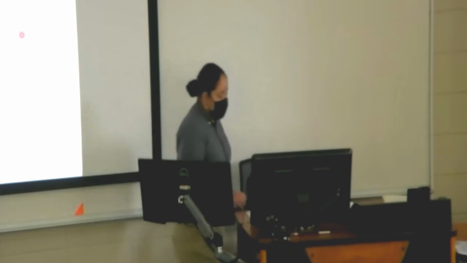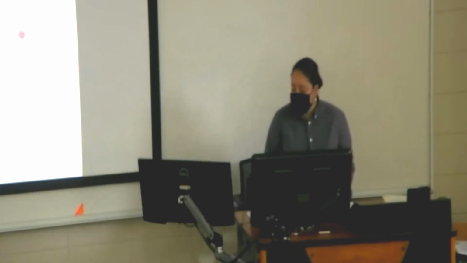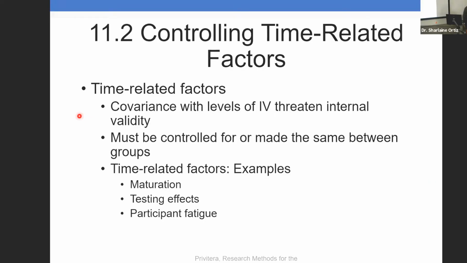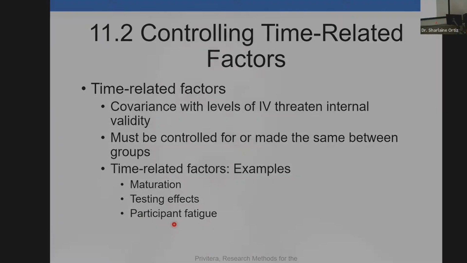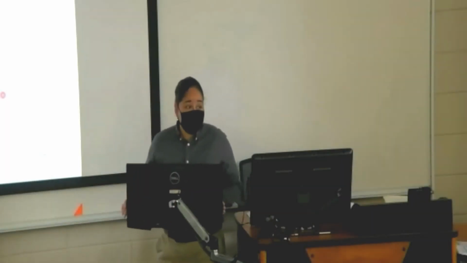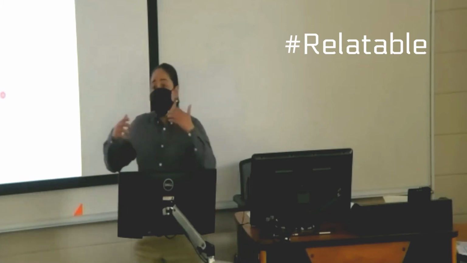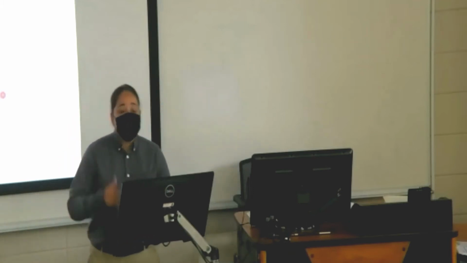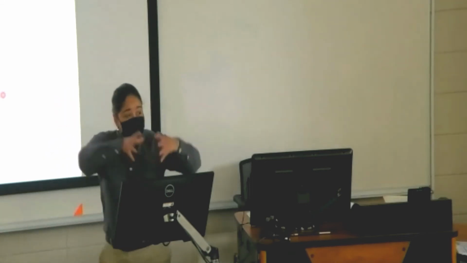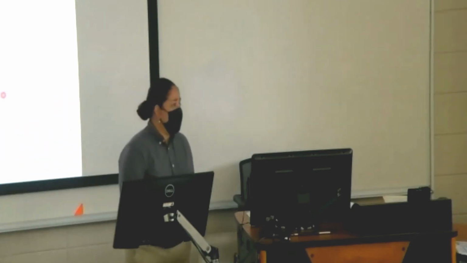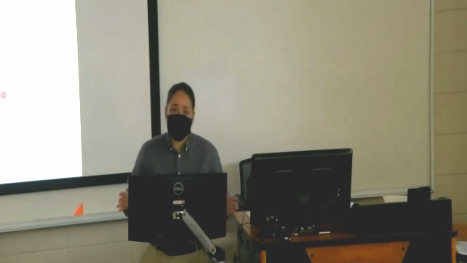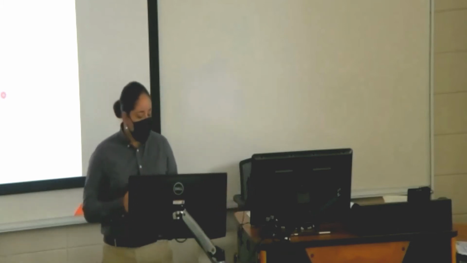And lastly, what are the things that could be related to those time-related factors that can impact my control? Notice that we have participant fatigue, which in classes like this one, for example, research, like, whoo, I am so tired of taking this class, right? Hashtag relatable. It is hard to take a research class. So the individual can become fatigued, for example, by providing many assessments, maybe the assessment is long, maybe the process takes a long time for the person to complete that measurement.